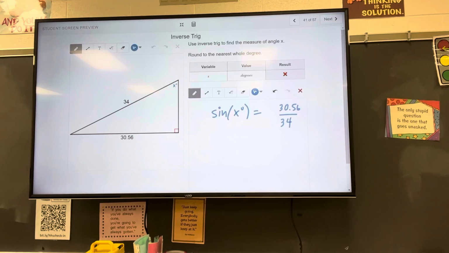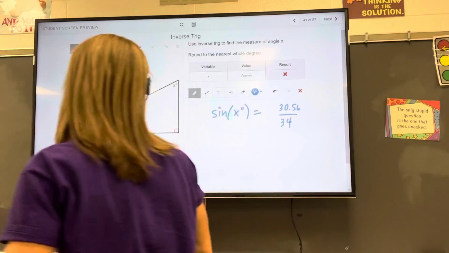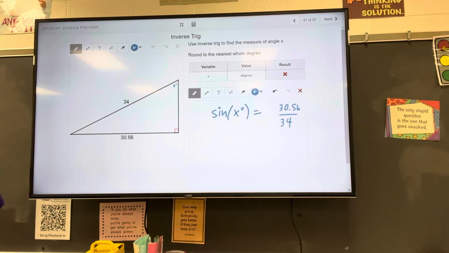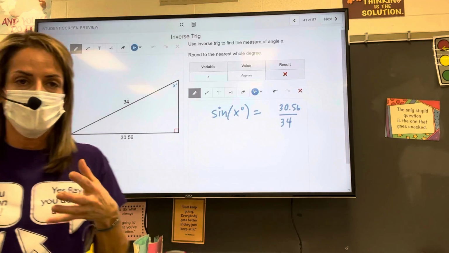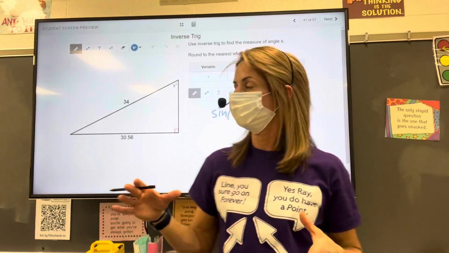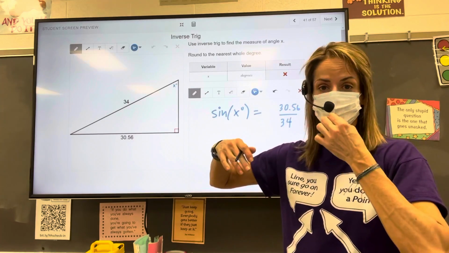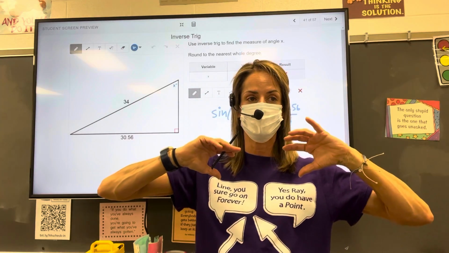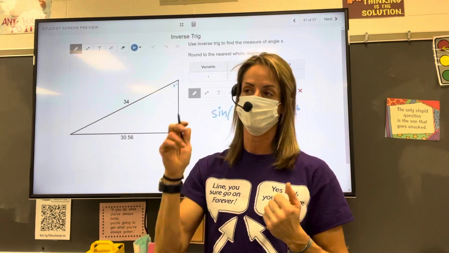Now, unfortunately for us, the unknown is inside a function. It's inside the sine function. To get it out of the function, we are going to have to undo the sine function. And the only function that undoes the sine function is the inverse sine, and that's the sine with a -1.